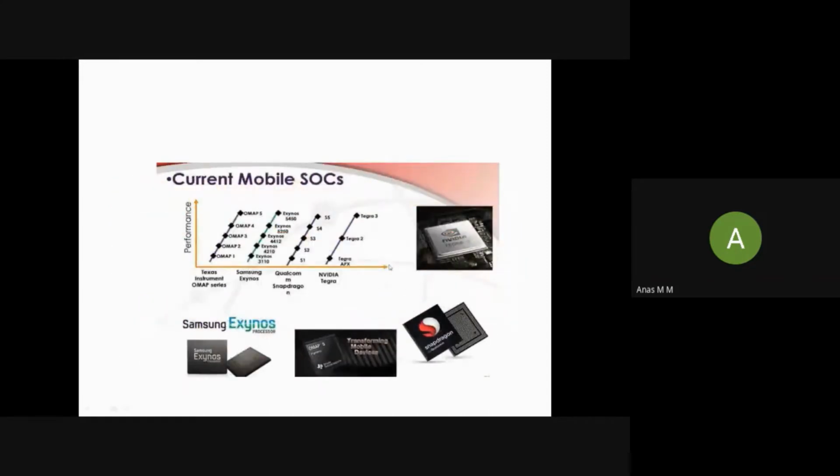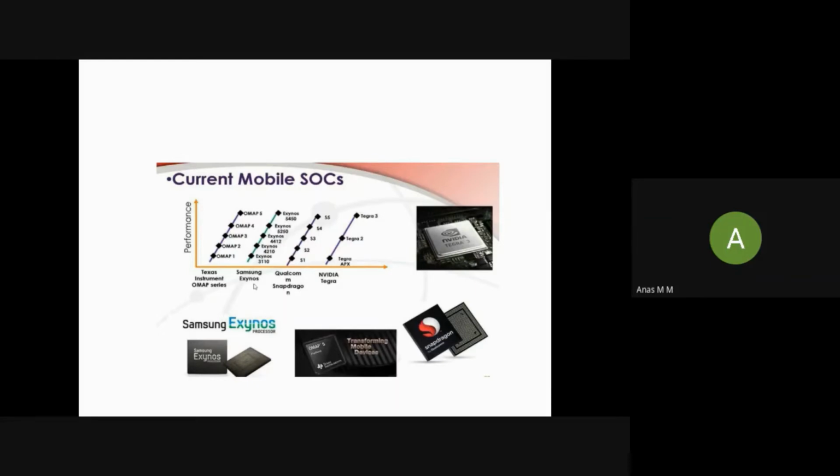These are the performance graphs of various SoCs. Qualcomm Snapdragon, which we mentioned earlier with the block diagram of Qualcomm. Then we have the NVIDIA Tegra SoC, and Samsung's in-house SoC, Exynos.